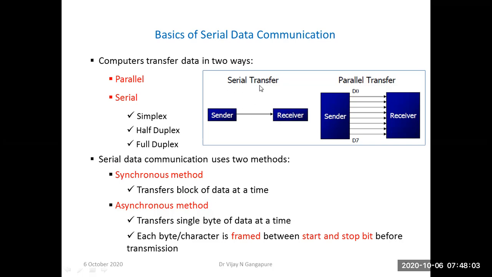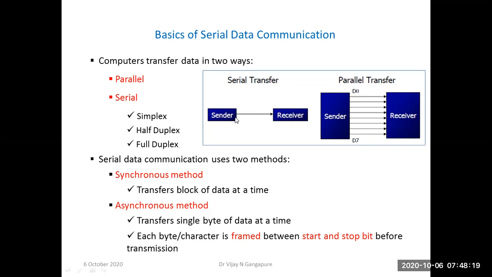Obviously that data is digital, in the form of zeros and ones, so it can be transmitted serially on a single line from the sender to a receiver.